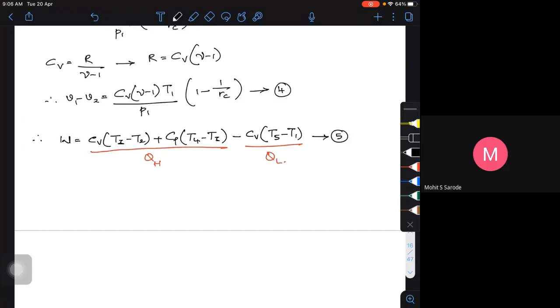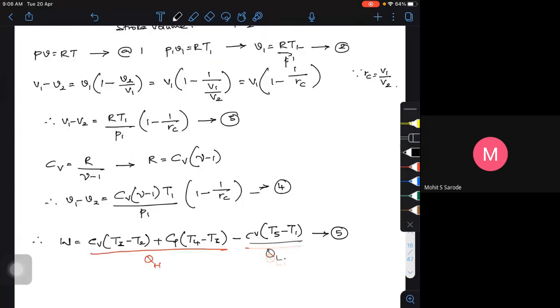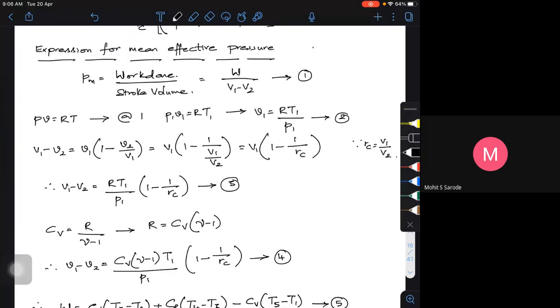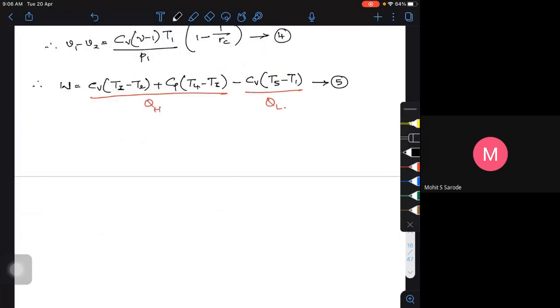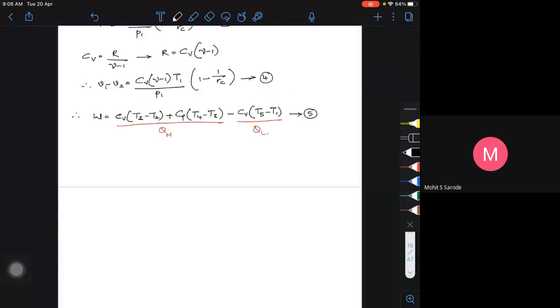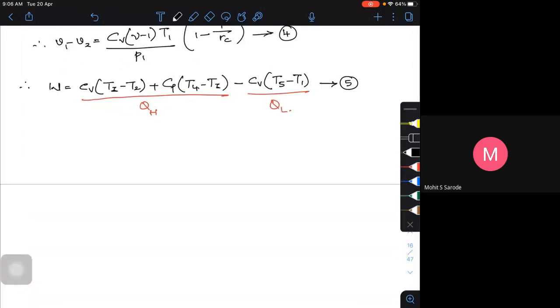Let me substitute this in my mean effective pressure equation, that is equation 1.